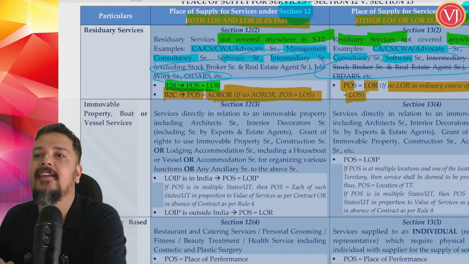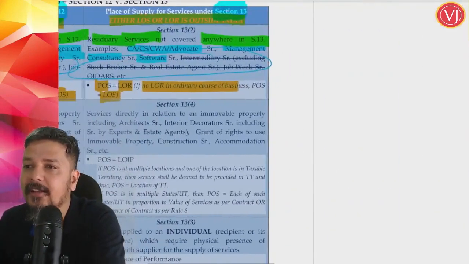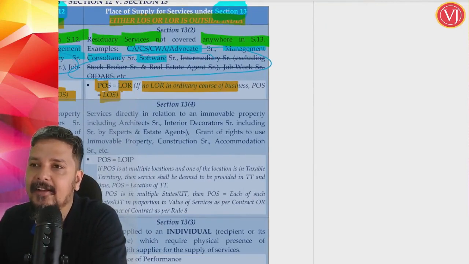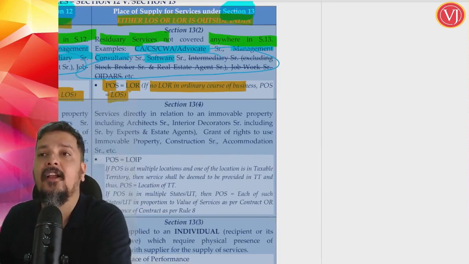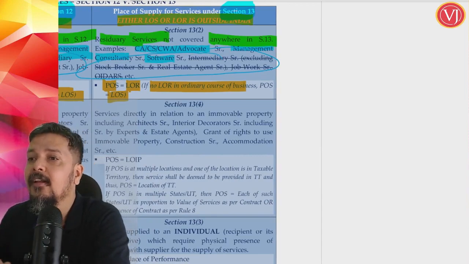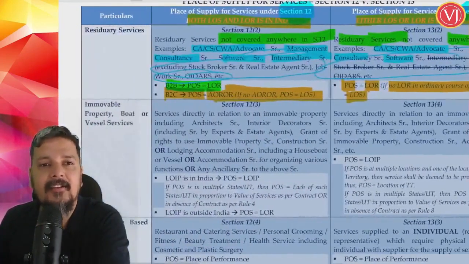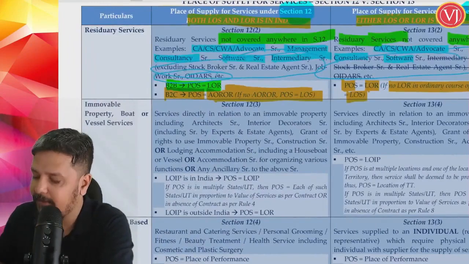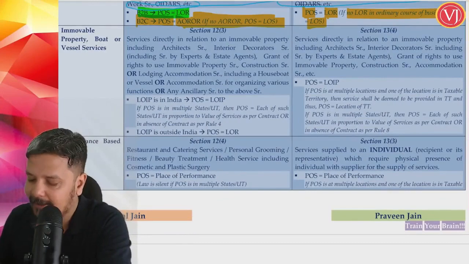Residuary services in section 12 is not always equal to residuary services in section 13. In section 13, there are certain services which I have given in examples, be it intermediary services, job working services, or OIDR services. For them, there is a special formula in section 13, which is not there in section 12. So when we see all these three specific services, you will have more clarity.